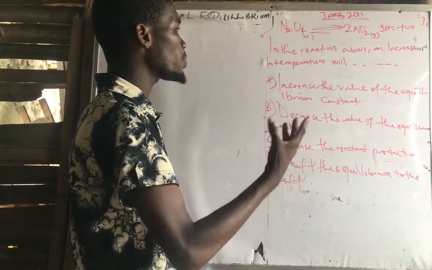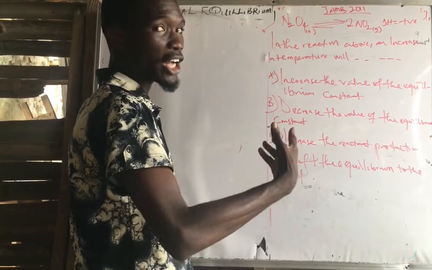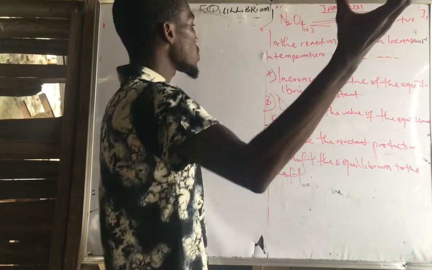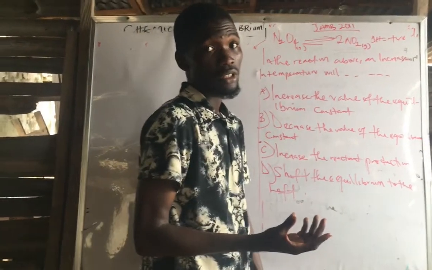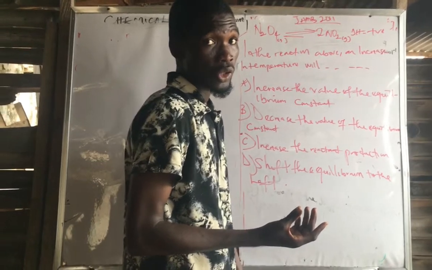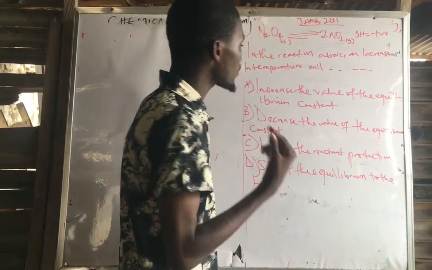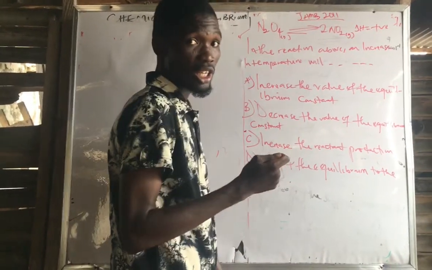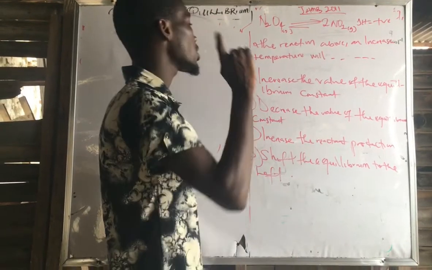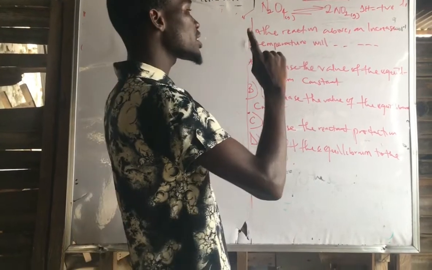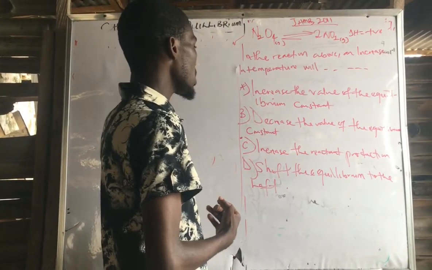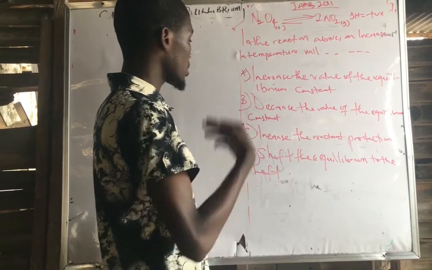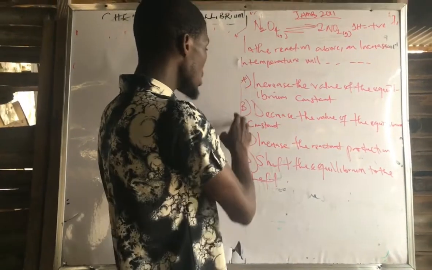So as I've explained in detail the factors affecting the position of equilibrium, I can pick any answer. Any answer I want to pick, I have to back it up with a good point that this is a correct answer. A states an increase in the value of the equilibrium constant. B, decrease the value of the equilibrium constant, is not there.